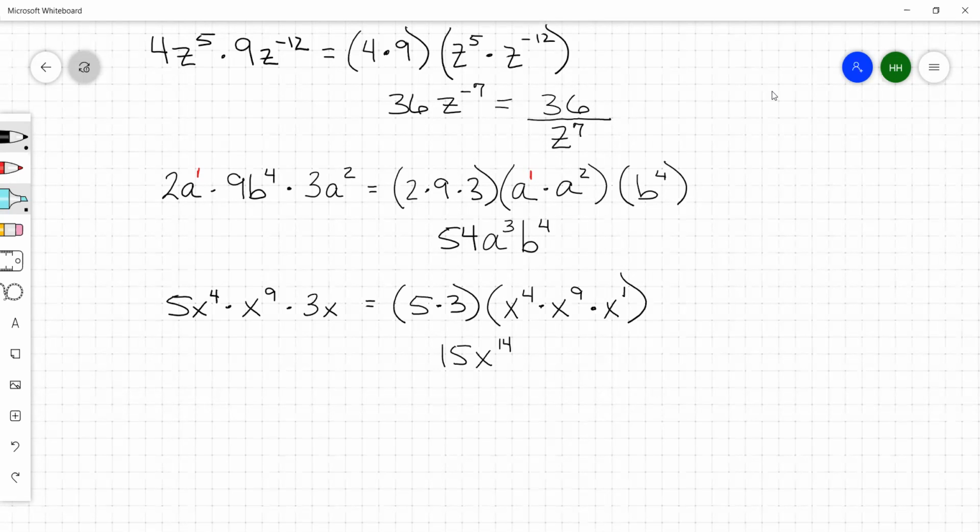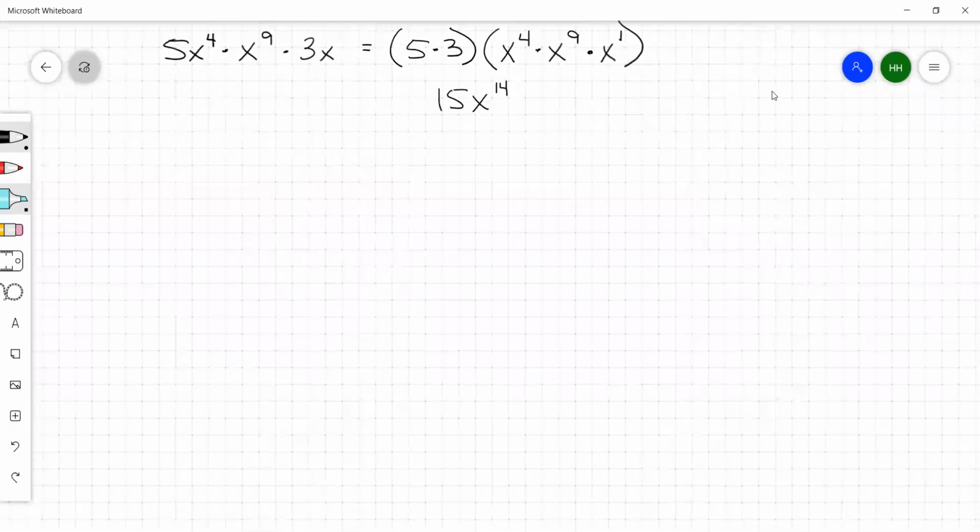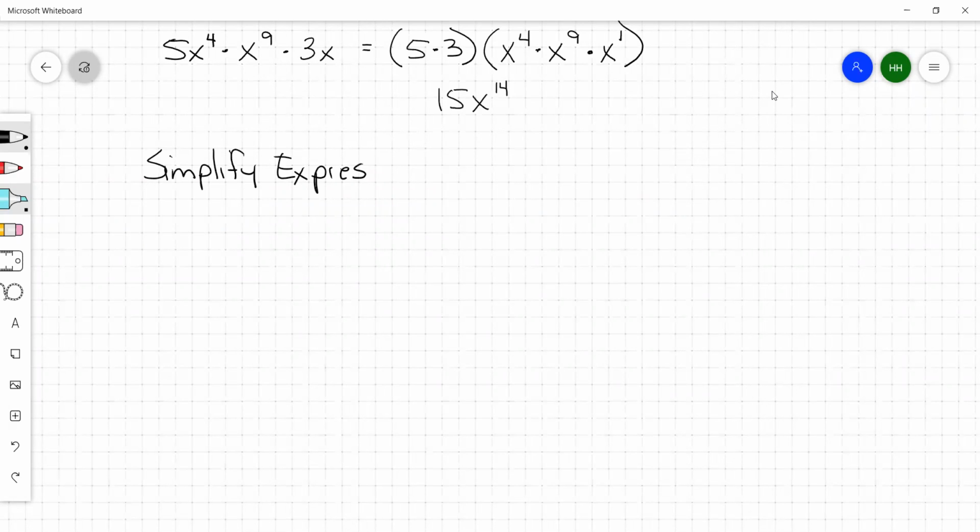All right, now we're going to simplify expressions with rational exponents.